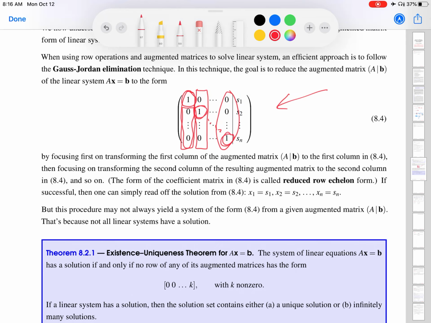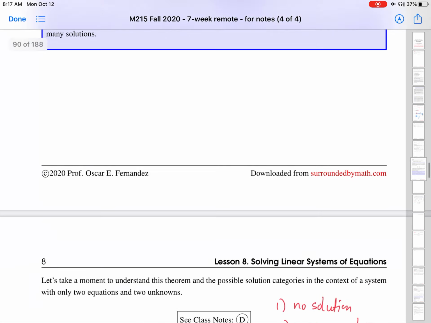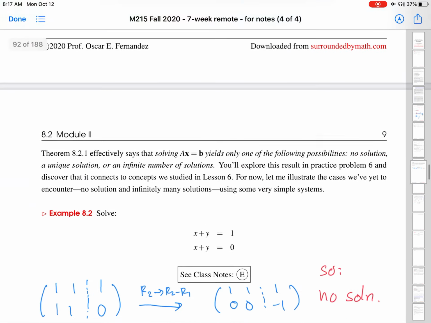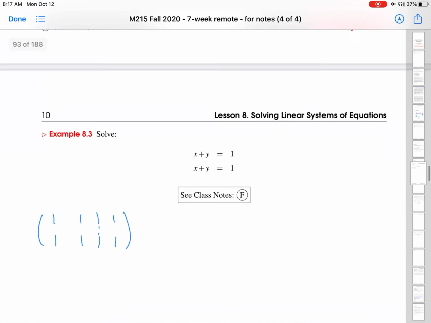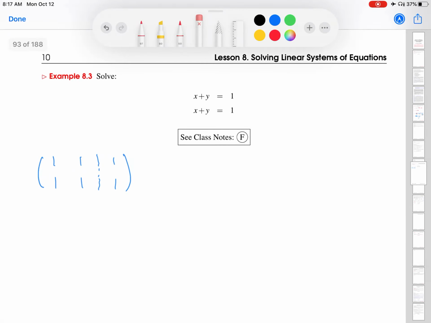If we're successful, then we can just read off the solution based off of what the remaining right-hand side numbers are. We're going to see in this example that this is not going to work. And that will show us again in augmented matrix form how a different type of solution shows up. Okay, so let's get the fun started here.